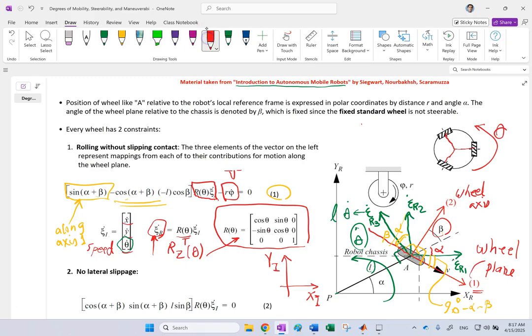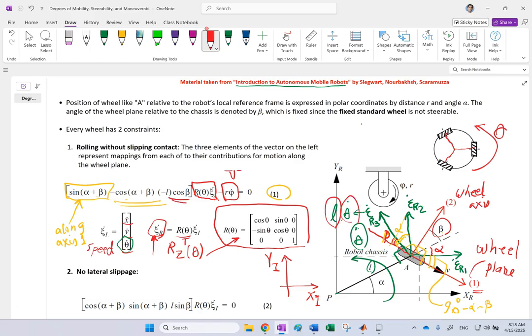Well, as you can see, the angle between this xi dot r3 and the negative of axis 1 is simply beta, and it's on the negative side. So it's going to be negative cosine of beta times the coefficient of theta dot, which is L. So it's going to be negative L times cosine beta.